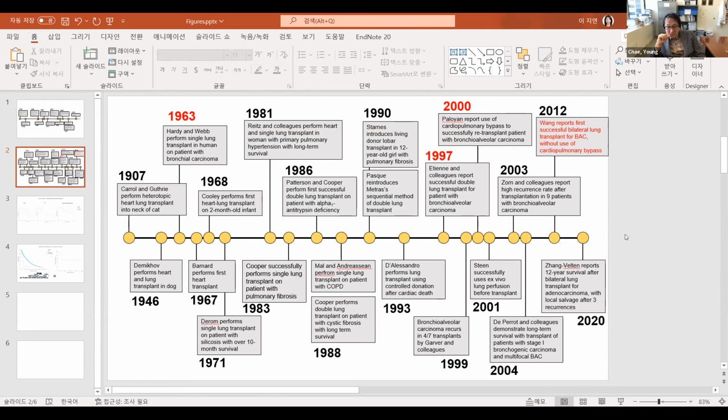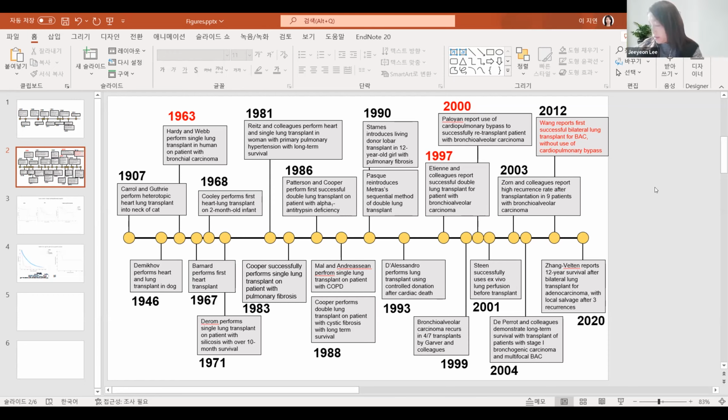So I think 2003, 2004, and 2020, all these things are not historical things. I agree. They're just small case reports, and these are all in my table, so you don't need to put them in here.